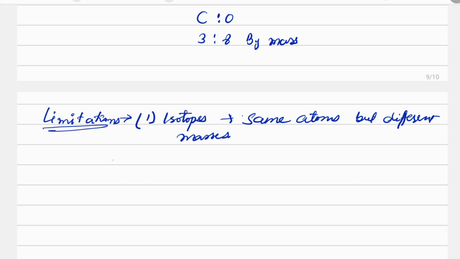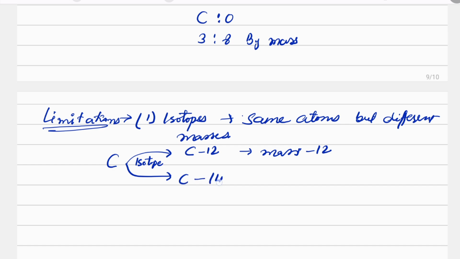Let's take an example like carbon. Carbon has majorly two isotopes. Isotope number 1 is carbon 12, which has a mass of 12. And there is another isotope, carbon 14, which has a mass of 14.